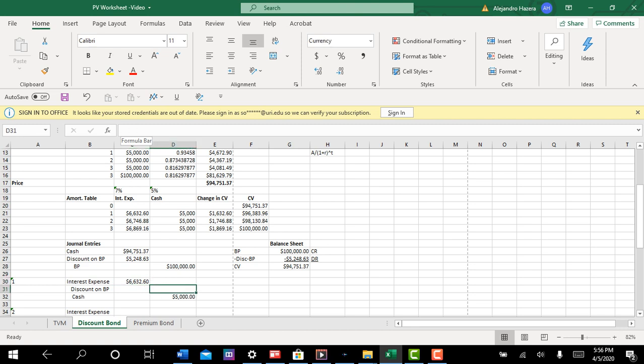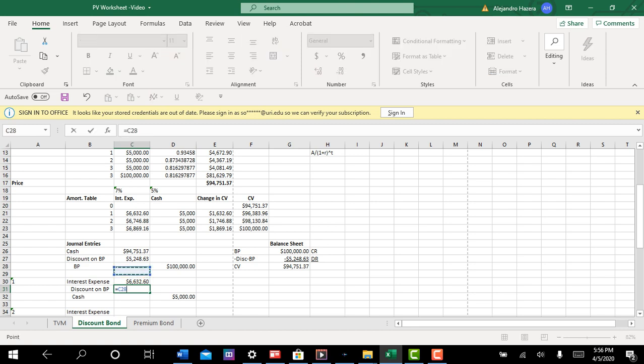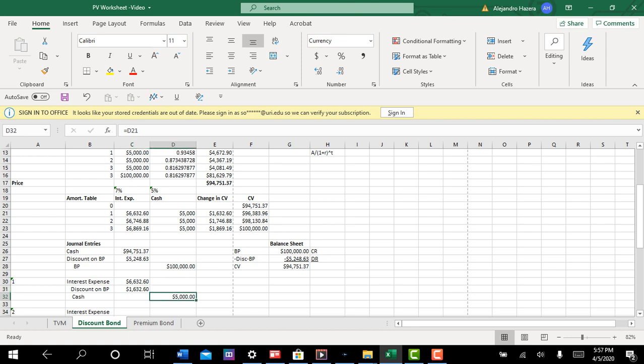And what we're going to do is this: where I have a credit to discount on bond payable, that's going to be equal to the change in the carrying value. So every year you have to pay $5,000. Because you're a high risk, that's 7% really. This is based on 5%.